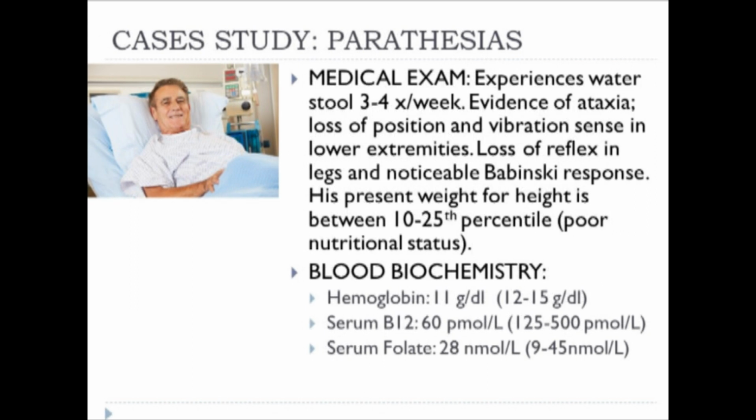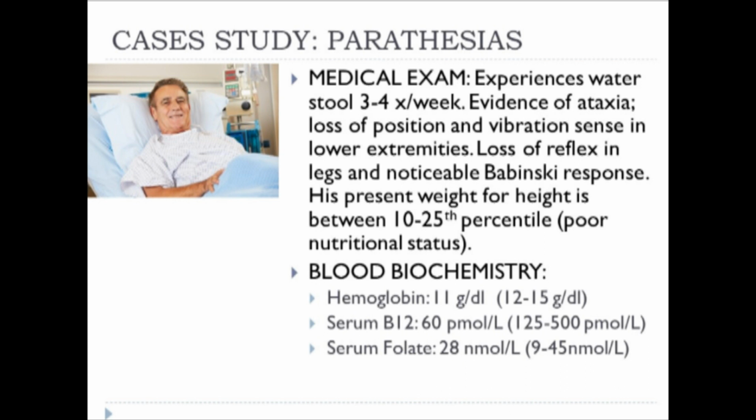I want to take a look now at the results of the medical exam. He experiences watery stool 3 to 4 times a week. There's evidence of ataxia, loss of position and vibration senses in his lower extremities. There's a loss of reflex in his legs and a noticeable Babinski sign. His present weight for height is between the 10th and 25th percentile, so poor nutritional status.